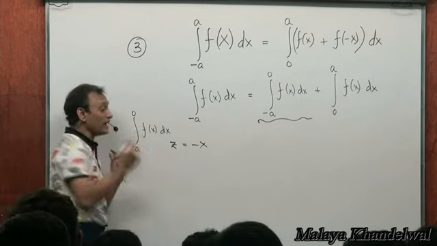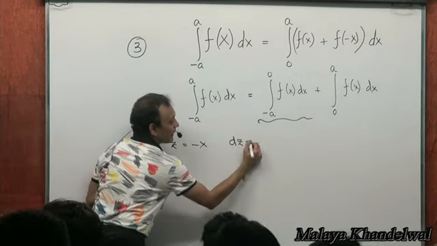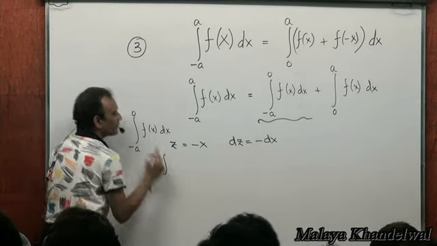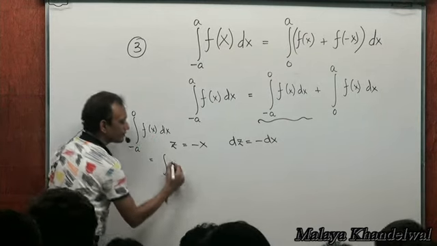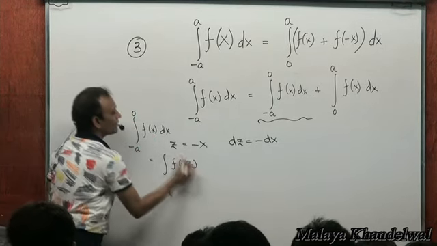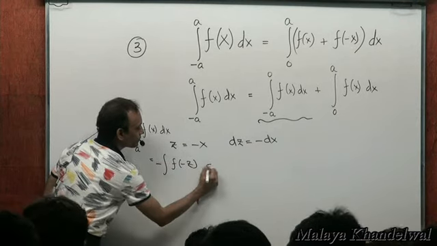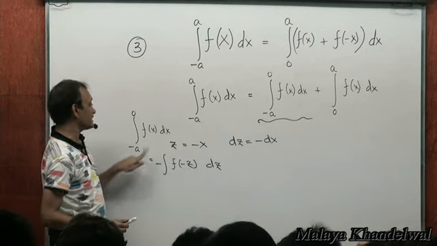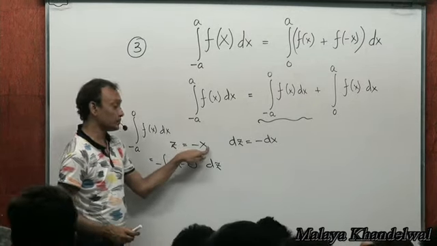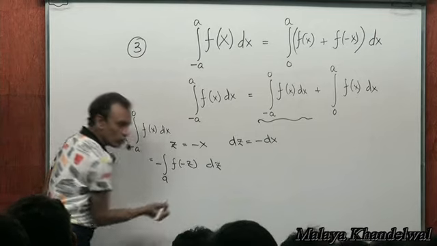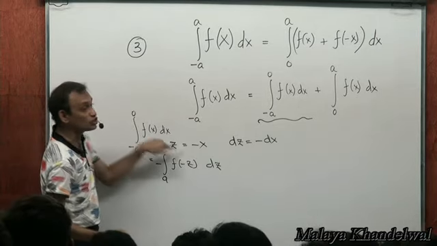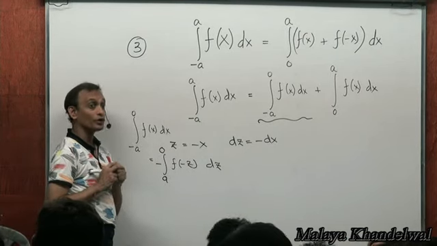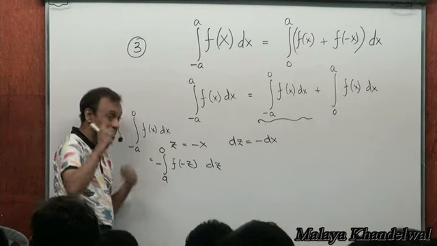Clear? Then dz will be minus dx, and going into the z domain, this will become f of minus z, and dx will be minus dz. Now when x is minus a, z is plus a, because that was the whole objective. When x is 0, z is 0. Yes or no? Now how do I use this minus sign?